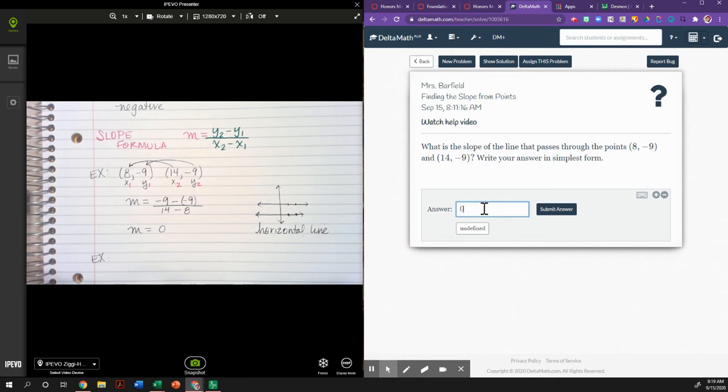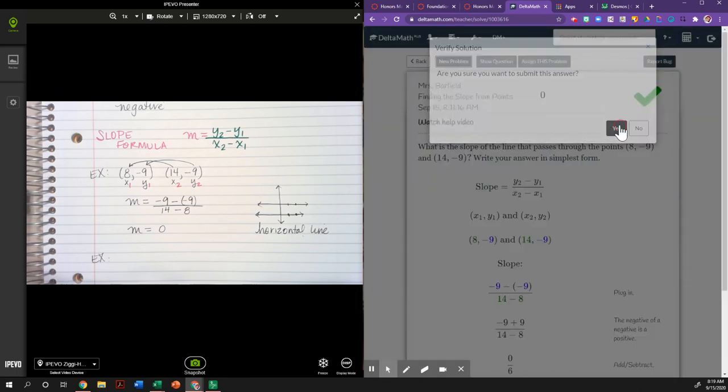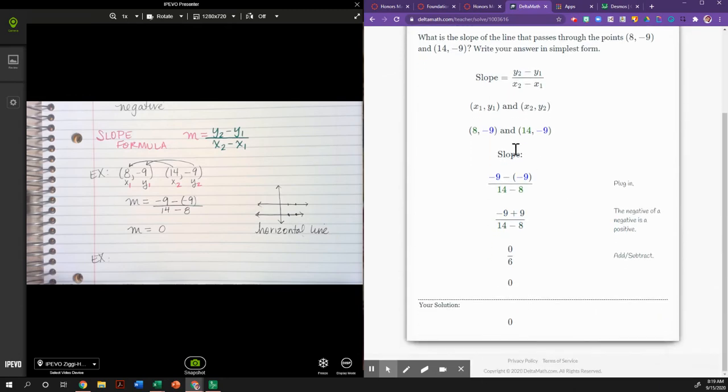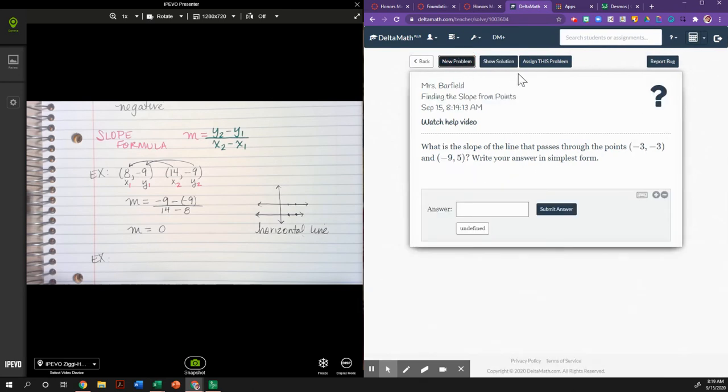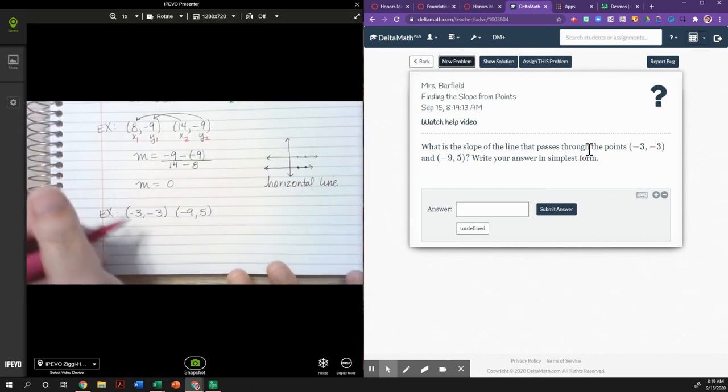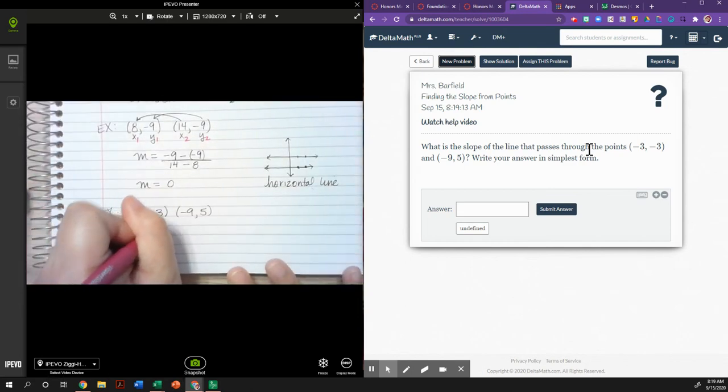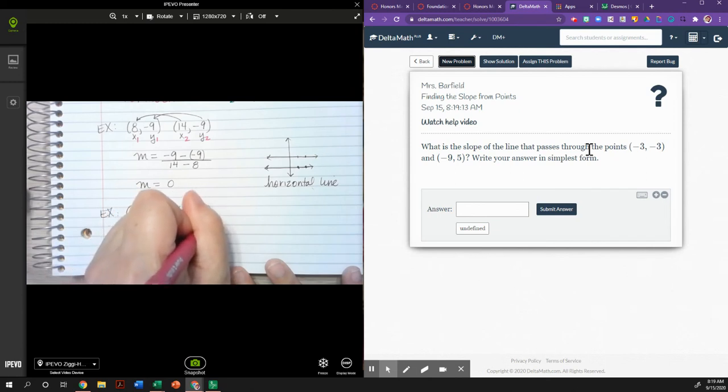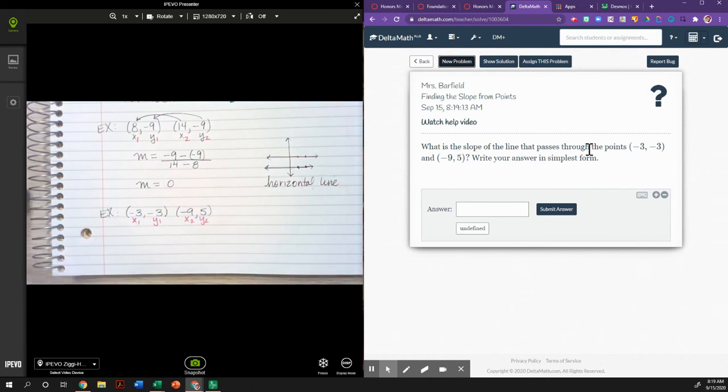We have (-3, -3) and (-9, 5). Label them x1, y1, x2, y2. Again, it doesn't matter which is first.